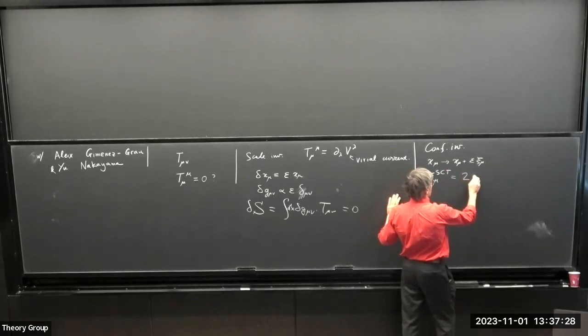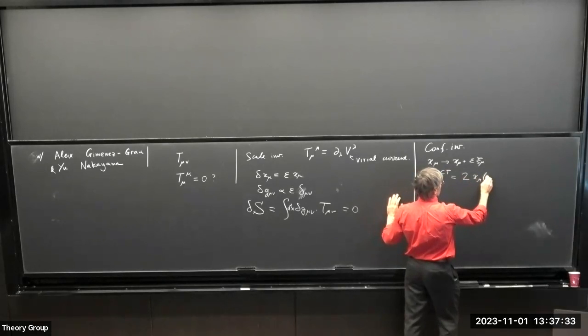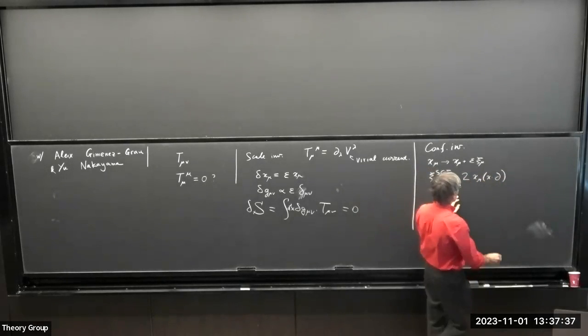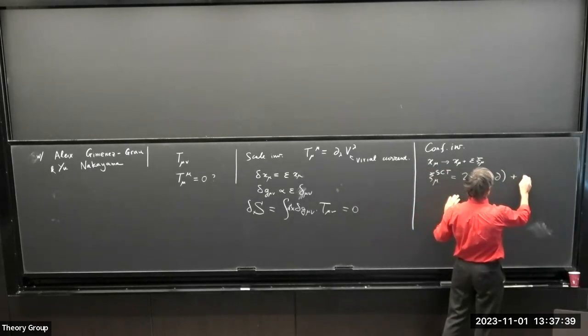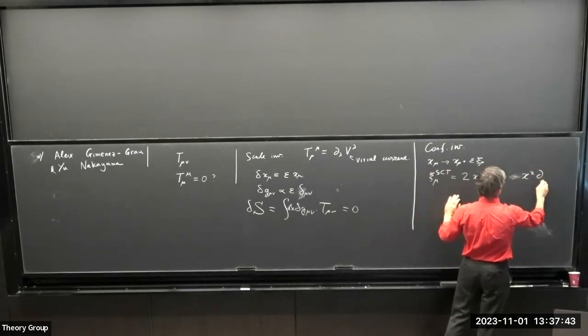It has the form 2 x mu x times the derivative minus x squared d mu.